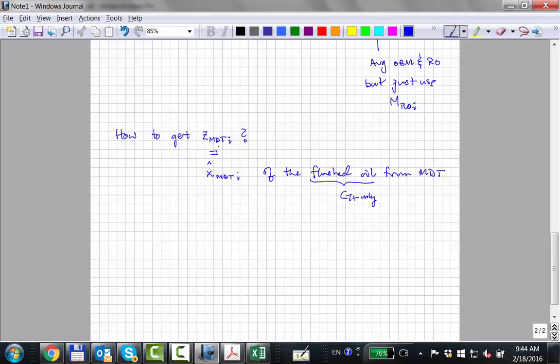Well, this thing here, what we're looking for, is some amount of the flashed oil and some amount of the flash gas composition, right?